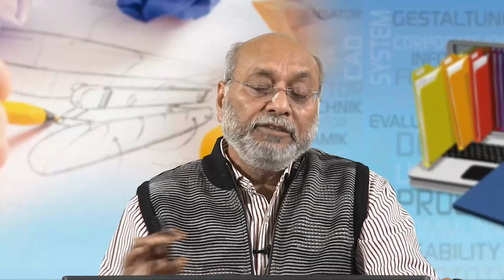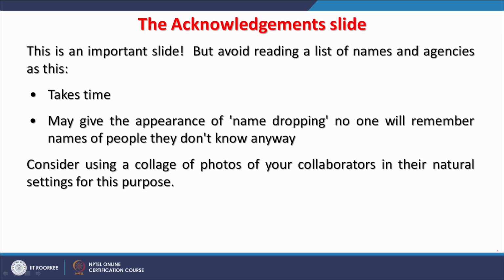So, this acknowledgement slide should not be read at all, it should be just displayed, and if it is very important to acknowledge somebody's contribution, you can very briefly tell, but do not read, because reading is always a distraction to the audience. So, you just display the name and you can just mention the important person. A long list is also not required in an acknowledgement slide.